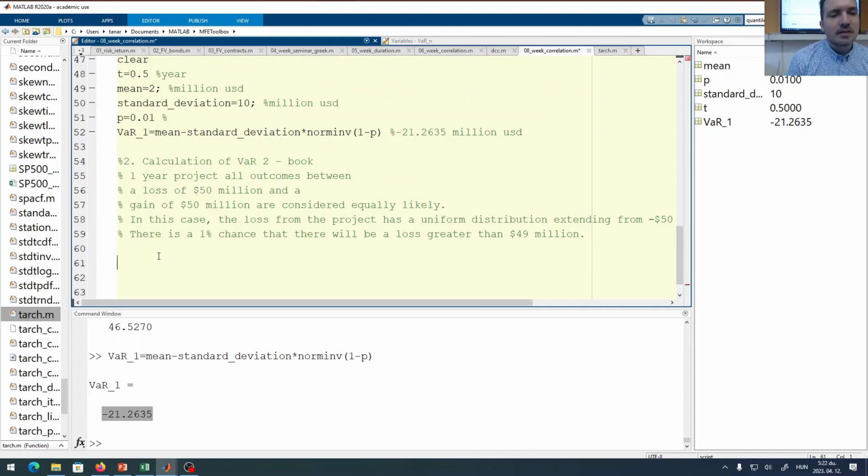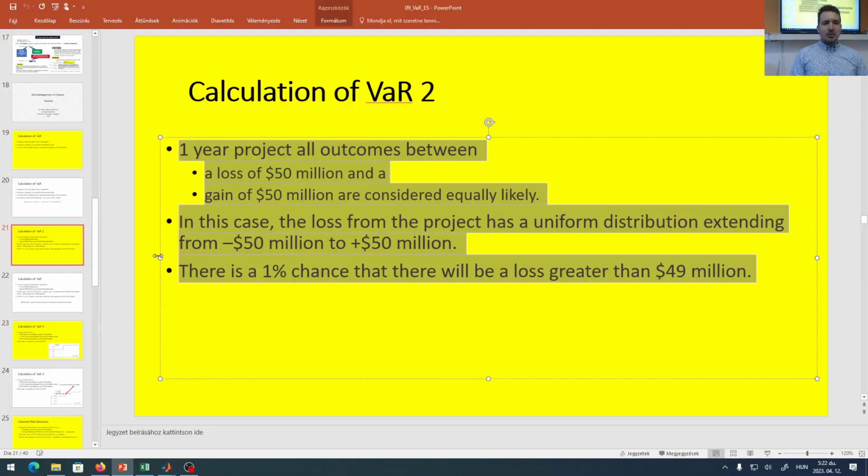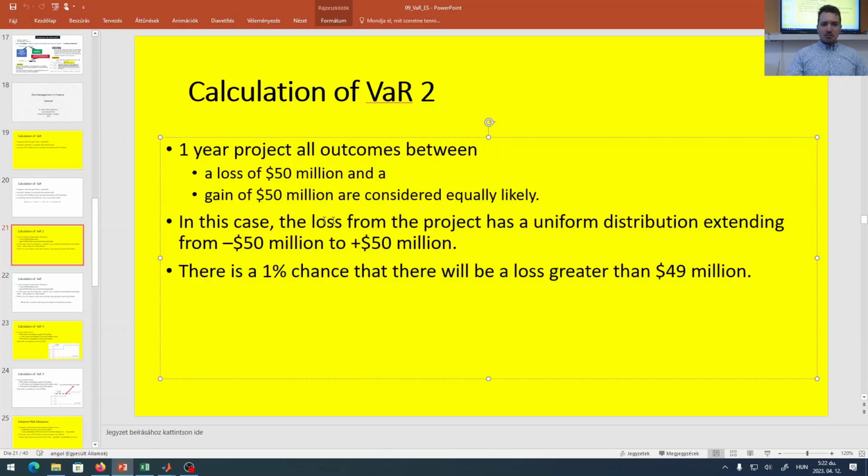So, 1 year project outcomes between a loss of 50 million US dollars and a gain of 50 million US dollars are considered equally likely, so practically this is a symmetrical distribution. In this case, the loss from a project has a uniform distribution extending within this range. But this uniform distribution means that the probabilities are always the same, which is quite unrealistic.